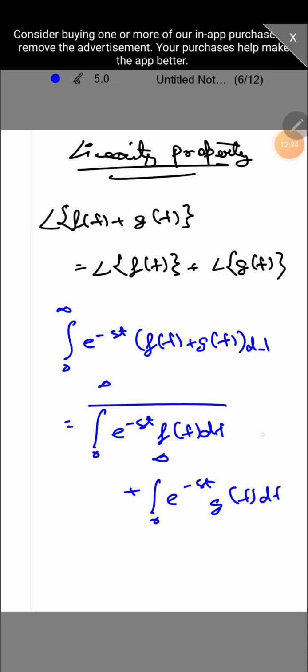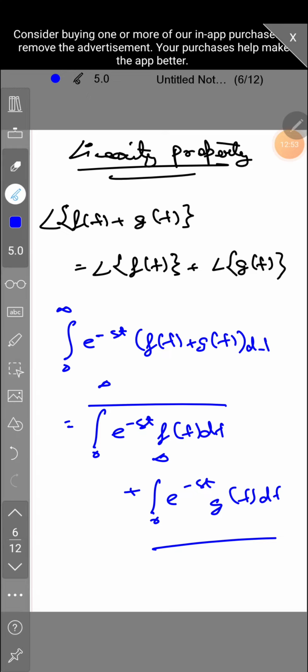This is the Laplace transform of f(t) plus the Laplace transform of g(t). Got it? This is the linearity property. Clear? I guess it's clear. Okay, next we have the shifting property.